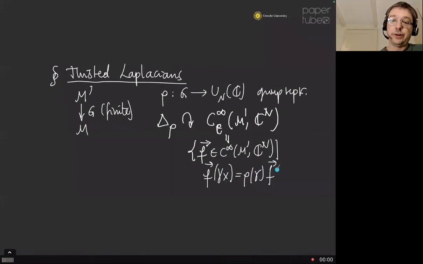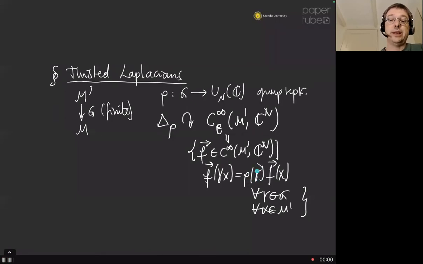Briefly, these are functions, a vector of functions of length n. And when you apply an element of the isometry group to a point in the manifold, this vector of functions transforms by the matrix given by the representation evaluated at the corresponding group element.